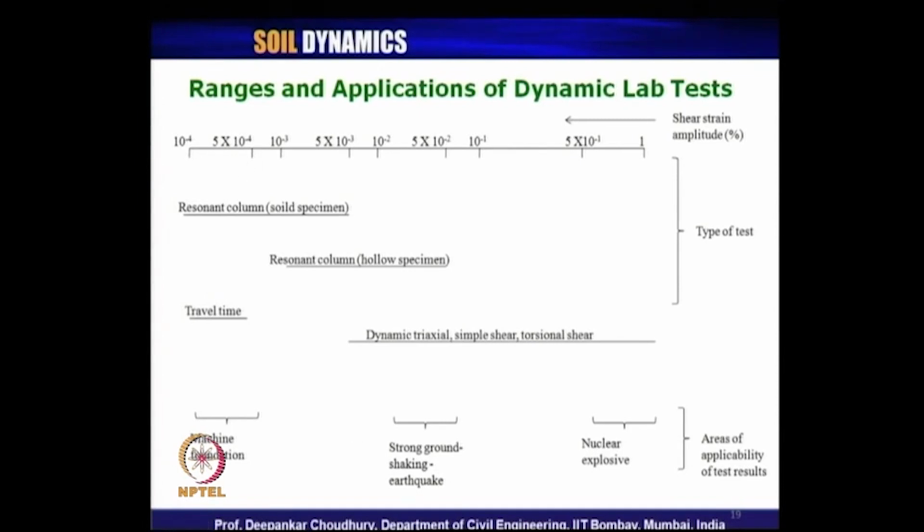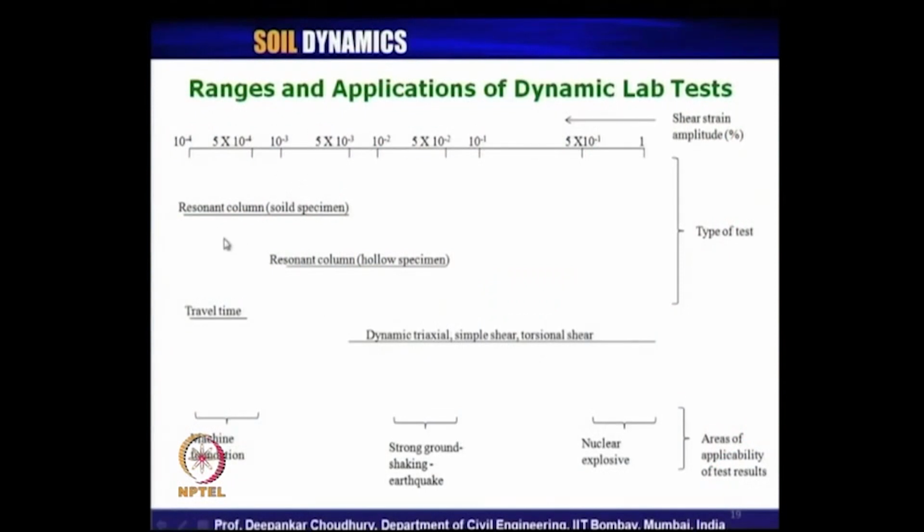Why? Because in the case of machine foundations, we do not want the foundation or the entire assembly to displace by a large amount. So, displacement amplitude is always restricted to a very small amount. That is the reason why your machine foundation is subjected to a very low value of shear strain.